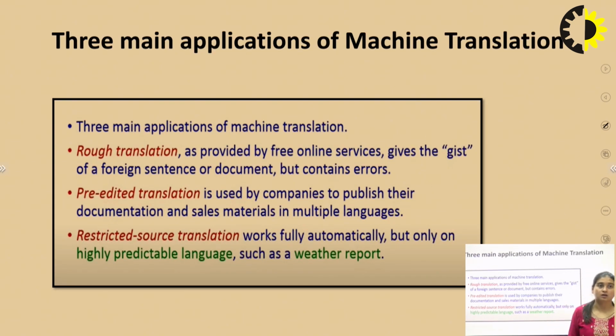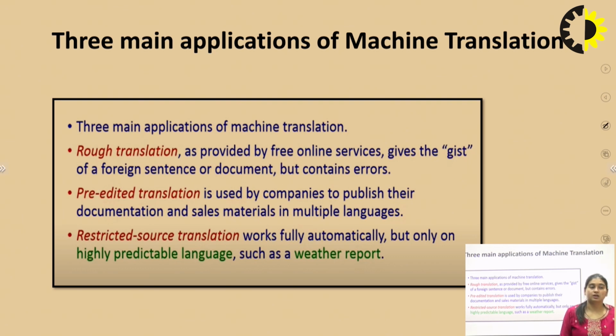Now there are three main applications of MT, or you can say machine translation, and these are rough translation, pre-edited translation, and restricted source translation. Rough translation is as provided by the free online services, that is the gist of the foreign sentences or the documents, but contains errors.